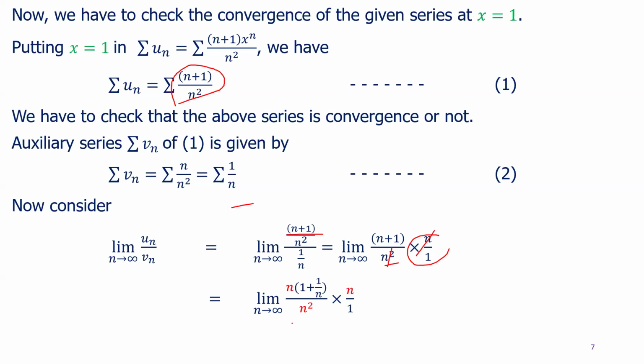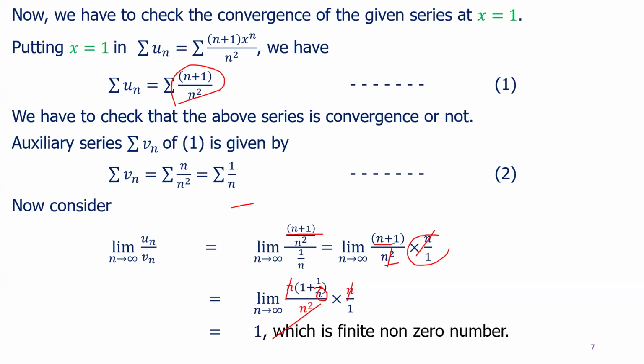If we take n outside from this part, then it becomes 1 plus 1 upon n, and if we put n equal to infinity, 1 upon infinity is 0. So the answer is 1, which is a finite non-zero number.